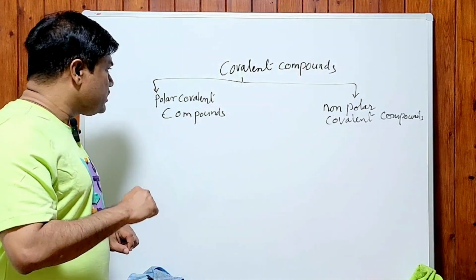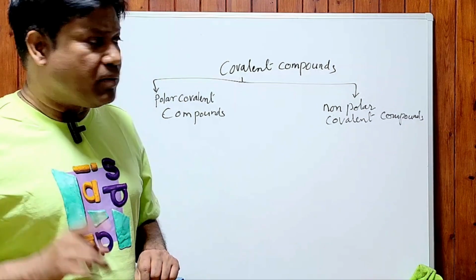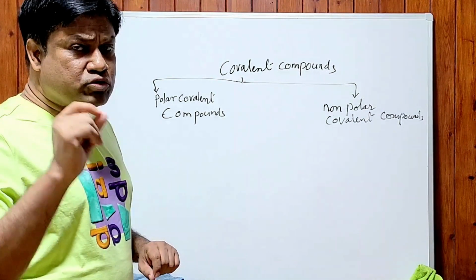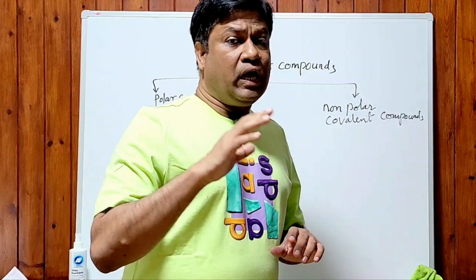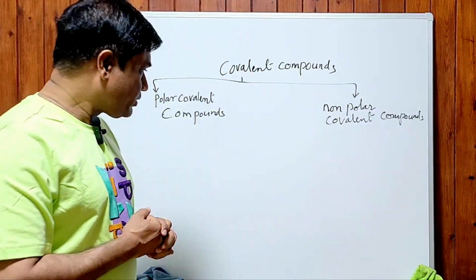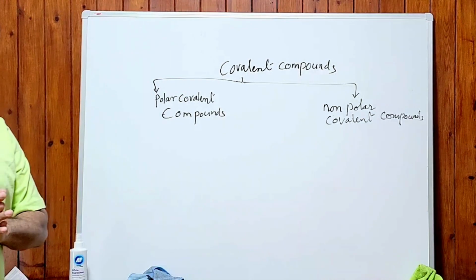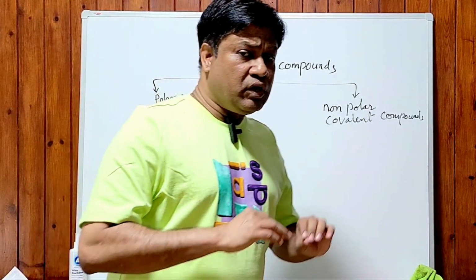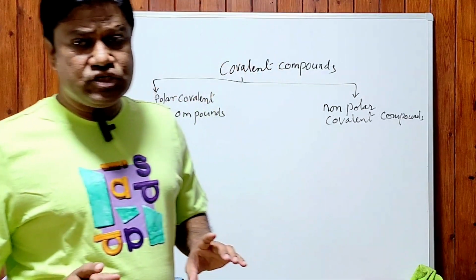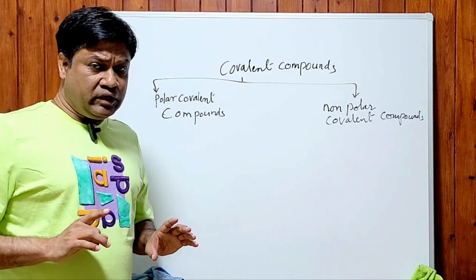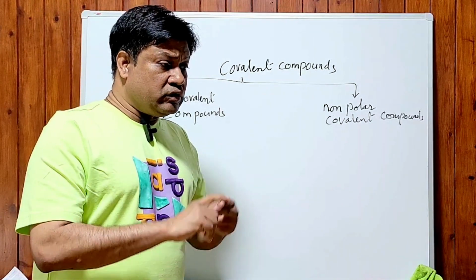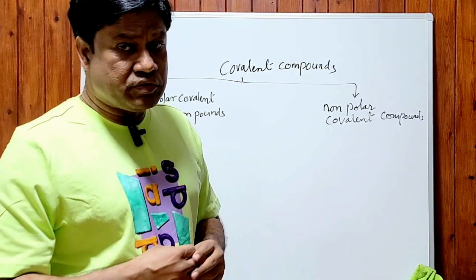To discuss the polarity of covalent compounds, we have to know a small parameter called electronegativity. Electronegativity is not energy. Some students get confused with ionization energy and electron affinity. Ionization energy and electron affinity are energy values.